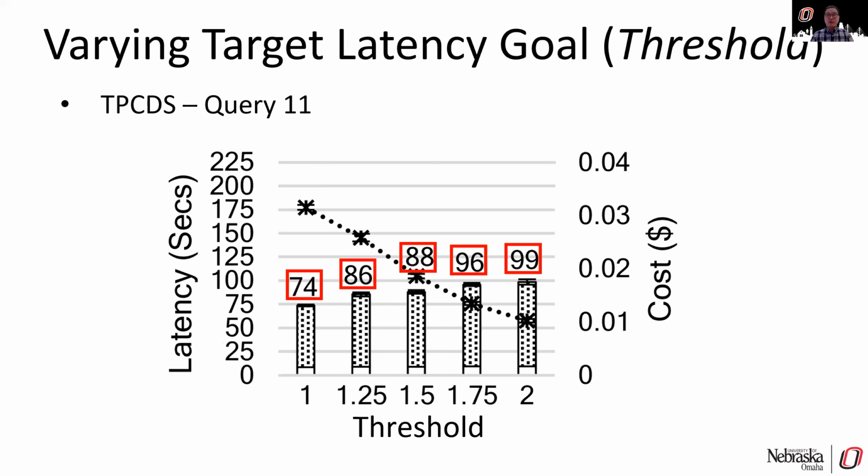This clearly shows that when the threshold increases, the overall latencies increase, and by enduring these increased latencies, the application can reduce the overall cost. This clearly shows that the application can explore this trade-off space by adjusting the threshold.